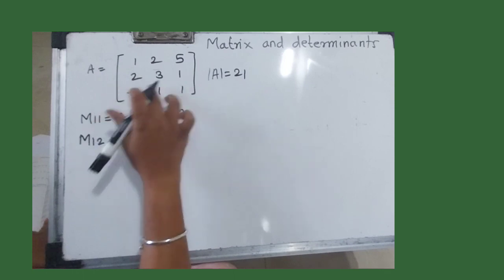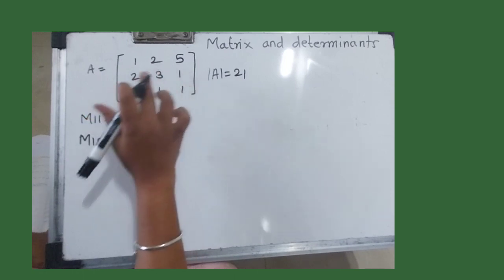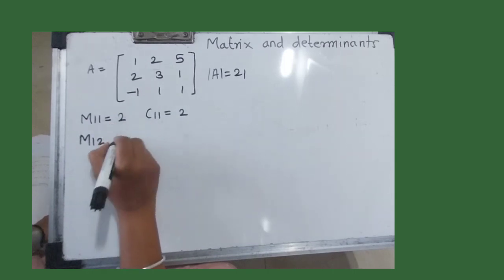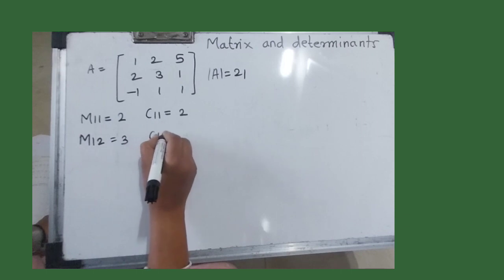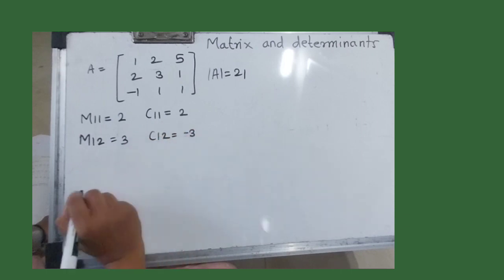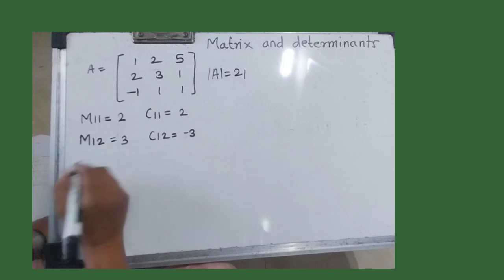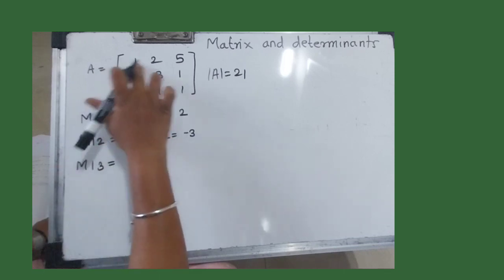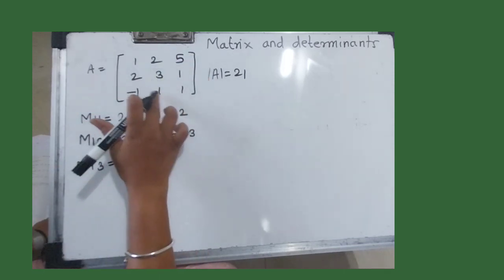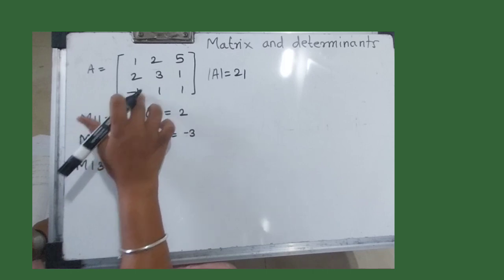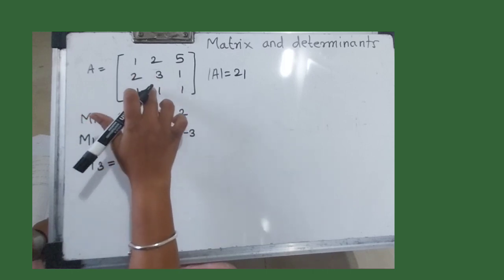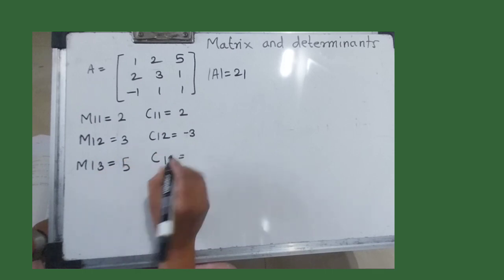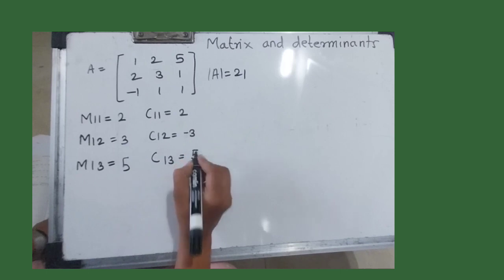So 2 minus 1, so 2 plus 1, it is 3. Okay, C12, so it is minus 3. Clear? Okay. Now M13, first row, third column, remaining is this. So 2 minus minus 3, is 5. C13 is 5. Keep this as it is.